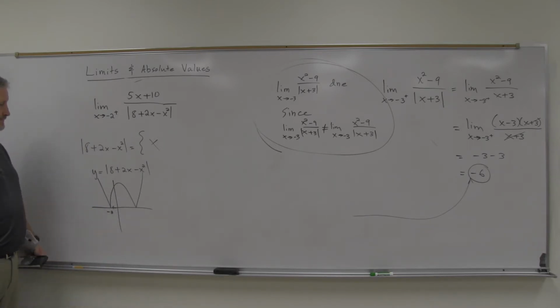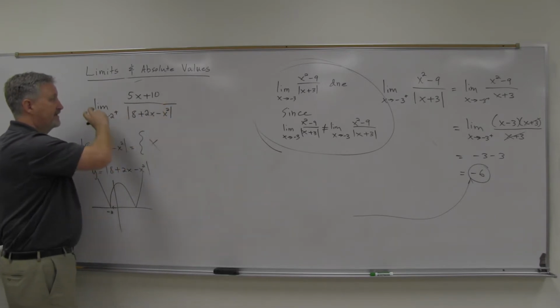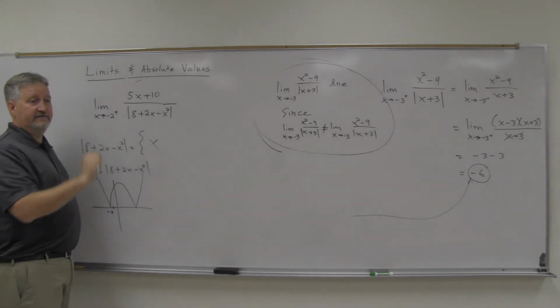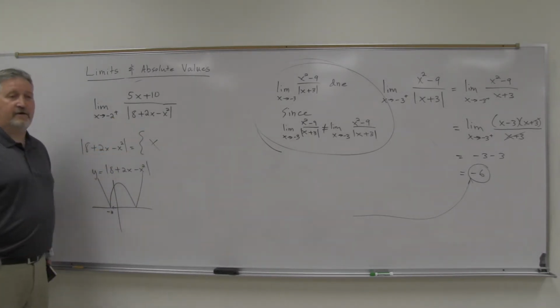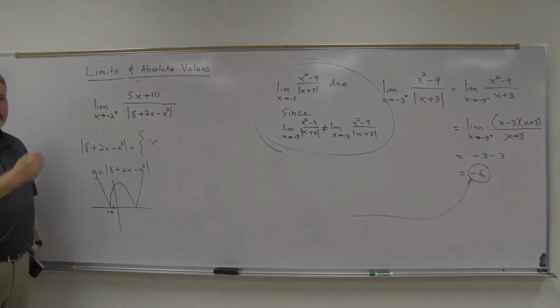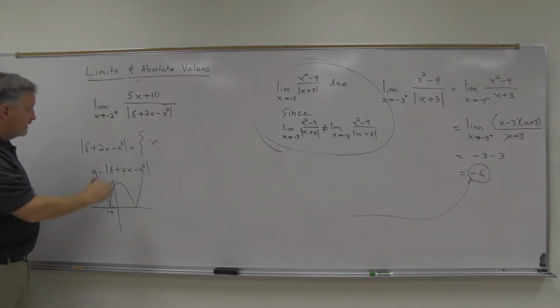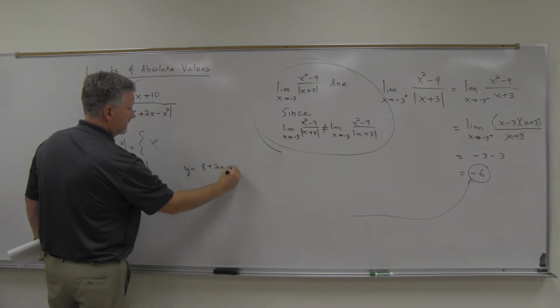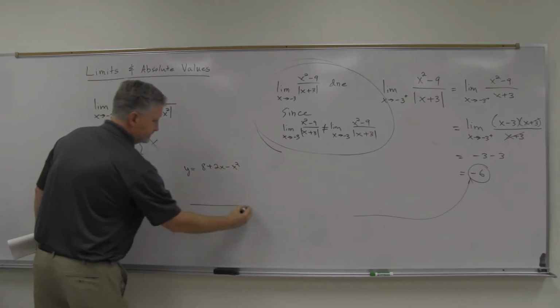All right, well, still the question is, do I want to replace that by 8 plus 2x minus x squared, or do I want to replace it by negative 8 plus 2x minus x squared? All right, so that's why I talked about a little earlier there. Let's look at just the graph without the absolute value and see how this compares.